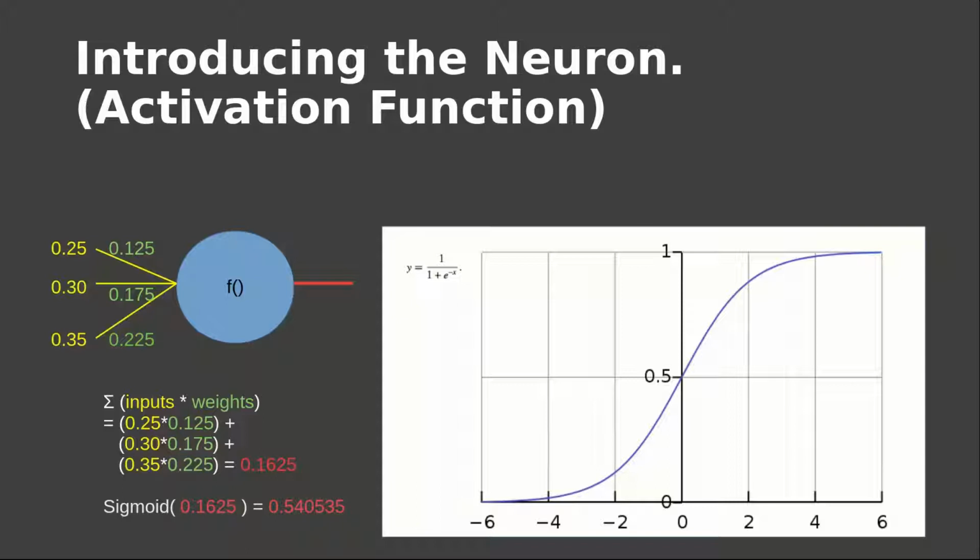So the output is as close as we can get to that curve for the given input. Now, most of the problems that we can simulate with a neural network can't be fit into a simple curve. However, multiple neurons, each with their own edges and weights and their own sigmoid curve to map to, can be modeled into more complex curves. So we can create larger curves and shapes that we can model our data to. And that gives us the ability to address more complex problems.